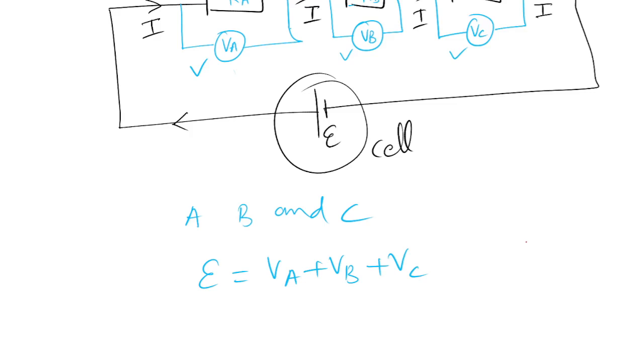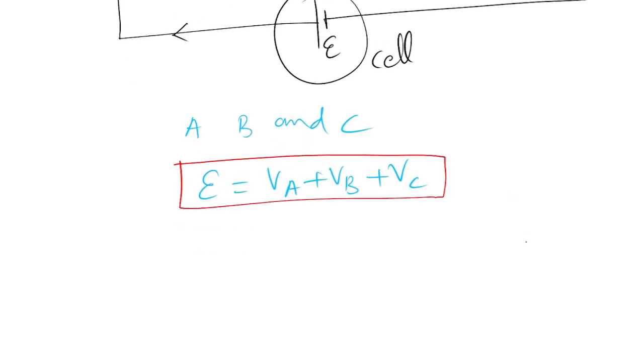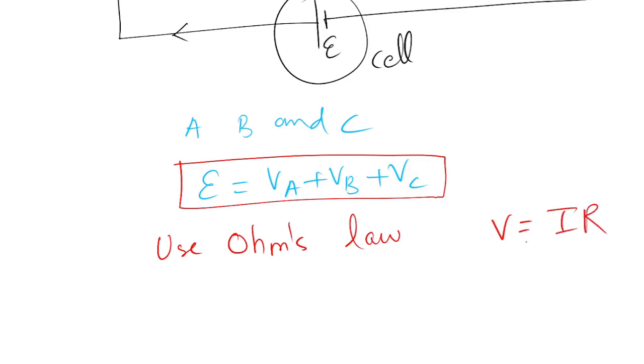Since we have epsilon equal to VA plus VB plus VC, what we can do is use Ohm's law. What is Ohm's law? Ohm's law is V is equal to IR.